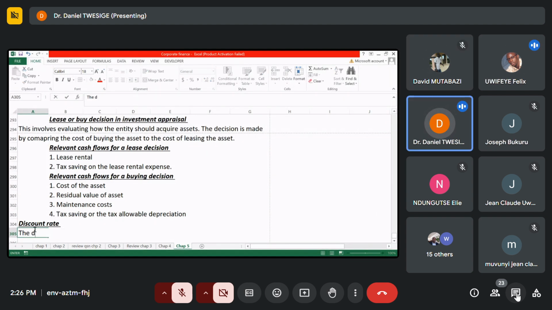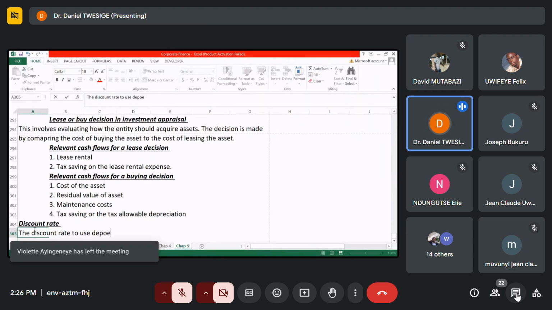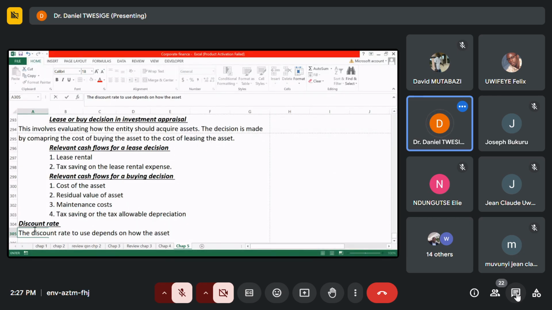So the discount rate to use depends on how the asset will be acquired.